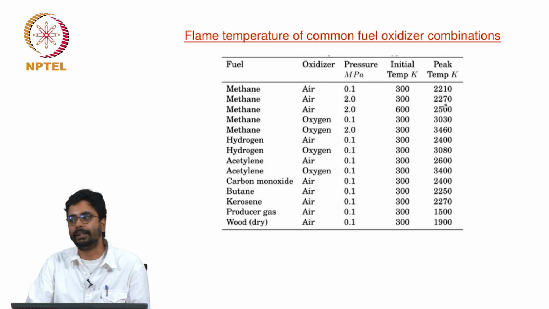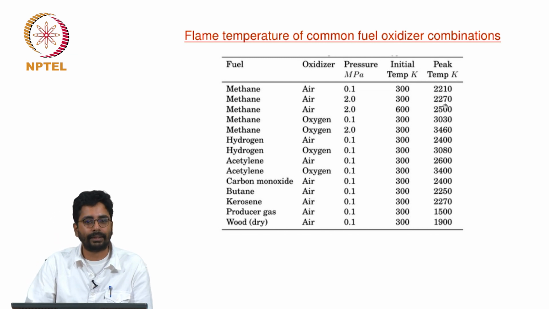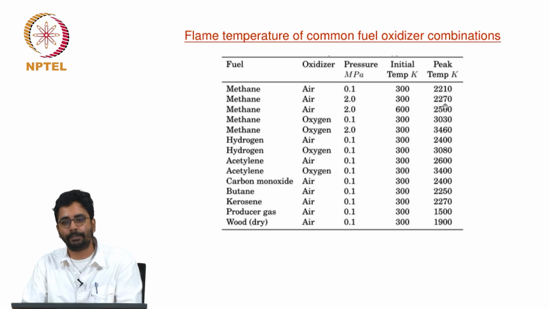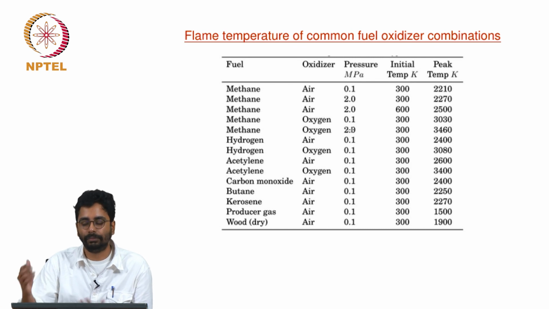Of course, the enthalpy that is used to raise the temperature of the initial reactant is available for raising the temperature of the products also. So some of this gets reflected in the final temperature increase. Okay, and of course, the same thing is shown for the methane oxygen combination also. I don't want to discuss it in detail.